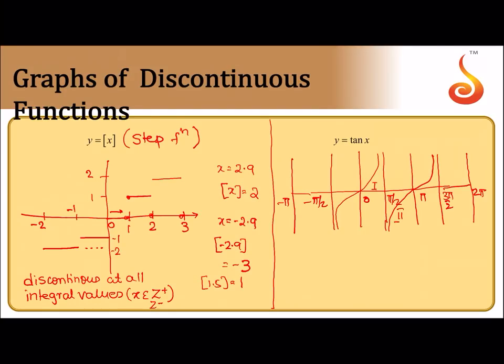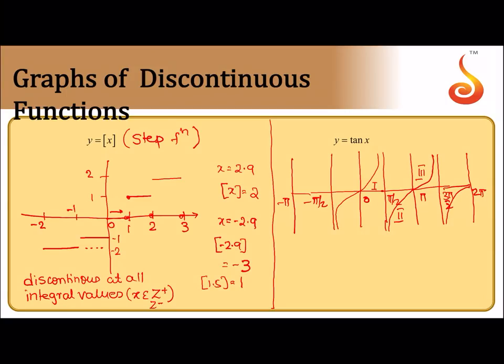So this is the first quadrant. Again, it starts from down and goes like this. This is the second quadrant. And this is the third quadrant. In the first quadrant tan x is positive. In the second quadrant tan x is negative. In the third quadrant tan x is positive.